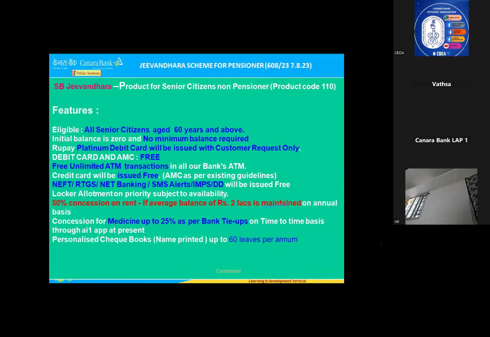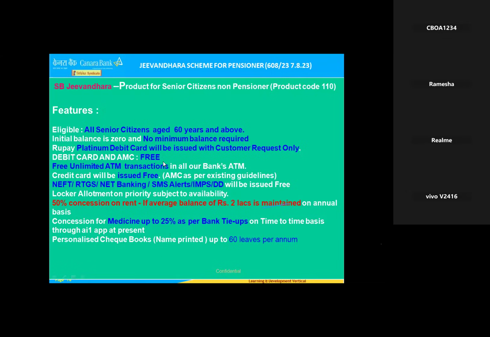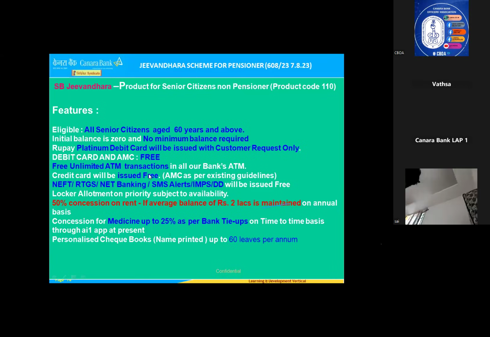No minimum balance. Platinum debit card will be issued on request. Debit card and AMC free. Free unlimited ATM transactions. Credit card will be issued free. NEFT, RTGS, net banking, SMS, IMPS, DD will be issued free. 50% concession on locker rent if average balance is 2 lakhs.